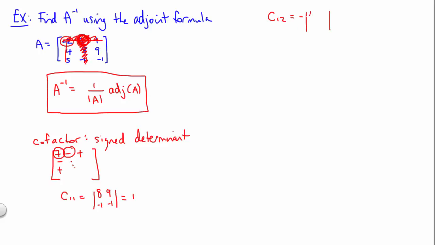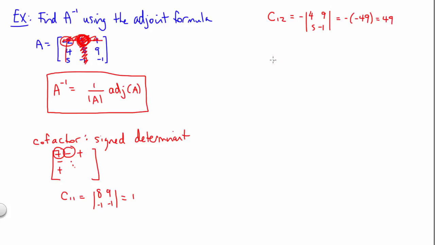So 4, 9, 5, negative 1. All right, so that gives us a negative 1 times negative 4 minus 45 gives us negative 49. Got a double negative, so that gives us positive 49 for that particular cofactor.